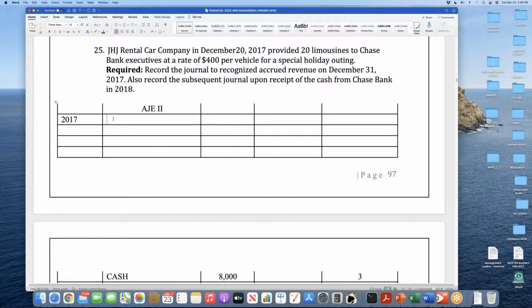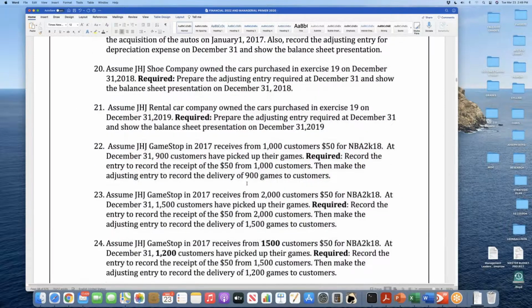That's correct. And this is always gonna be the entry. These are the accounts. So whenever we have an AJE2, unearned income, unearned revenue, the same thing, that's the entry you make. Okay? So we just have to calculate the amount.